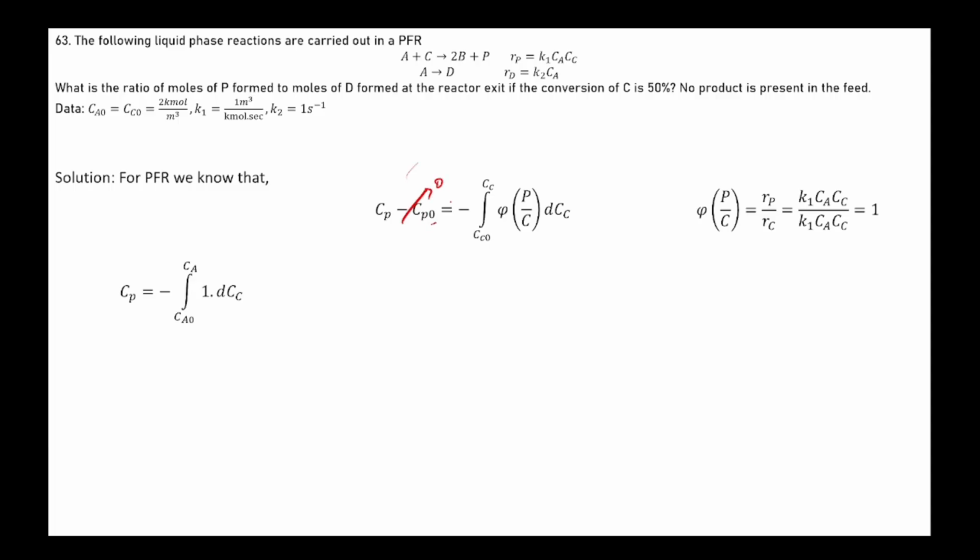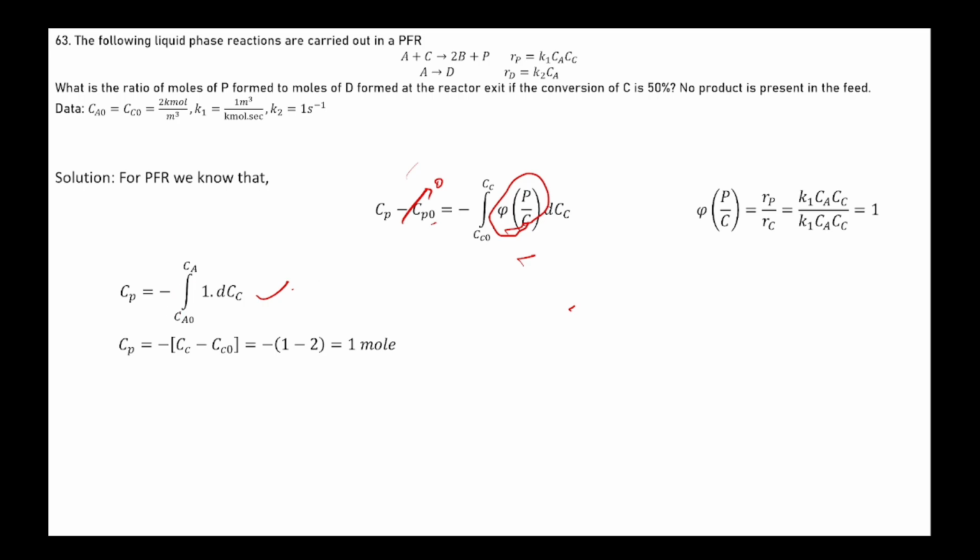this becomes 0, no product present. Okay, CP naught is 0, there is no P in the reactant. This value we have just calculated. So ultimately we'll get this, 1.